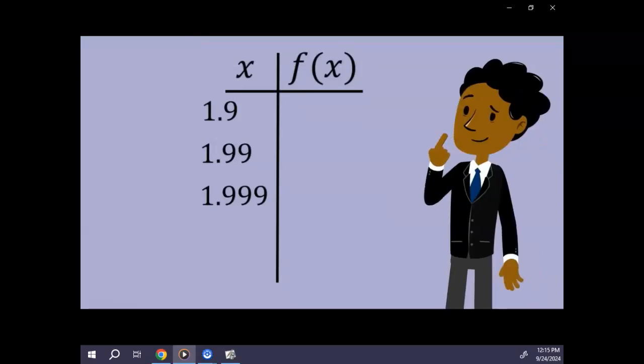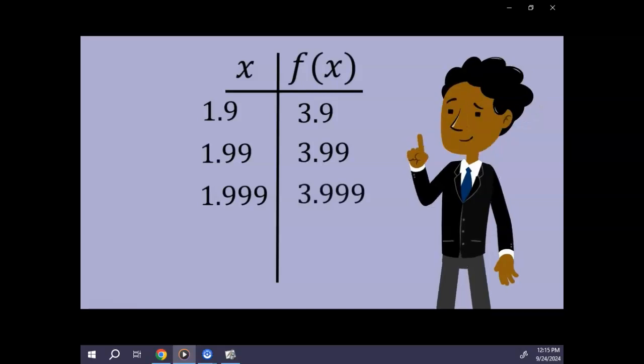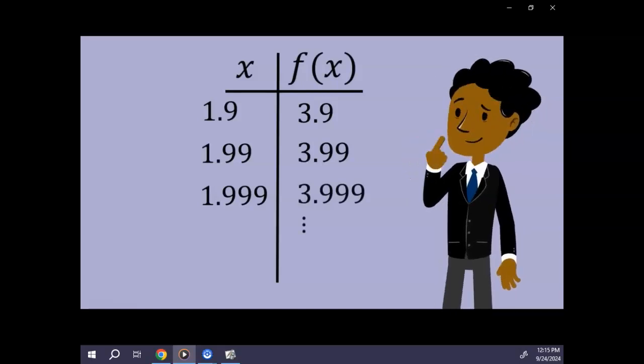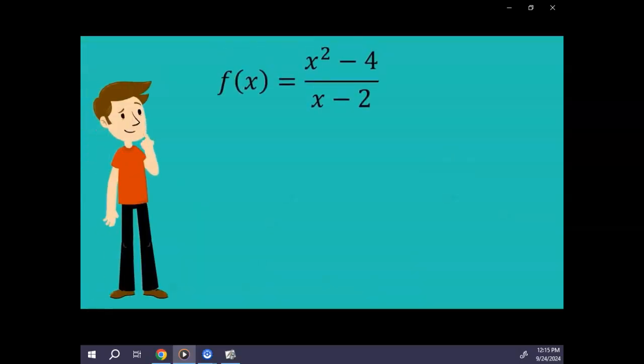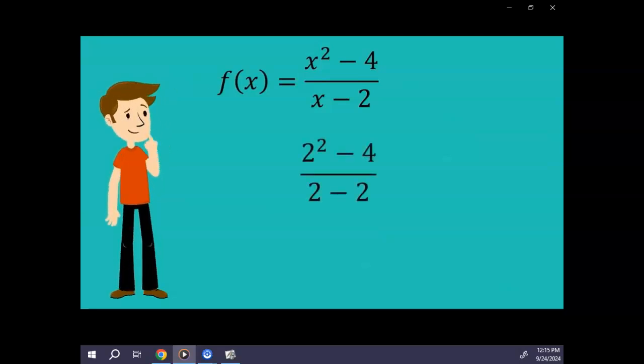When we use these, we get values of 3.9, 3.99, and 3.999. From these, it appears that the function is approaching 4. So again, we say that the limit of the function as x approaches 2 is 4. If you try and find this value by instead plugging in 2, something strange happens. When you plug 2 into the function, you get 0 divided by 0.